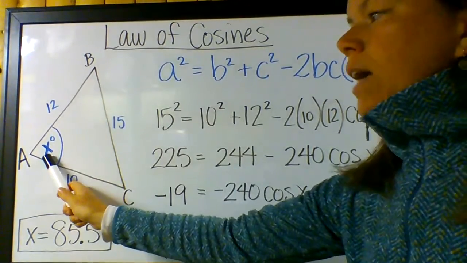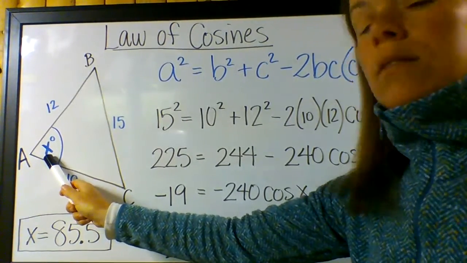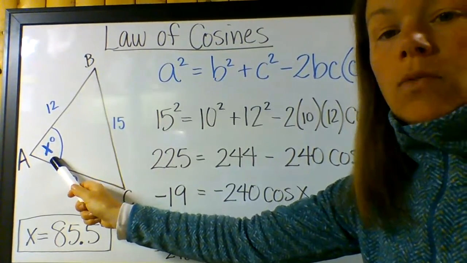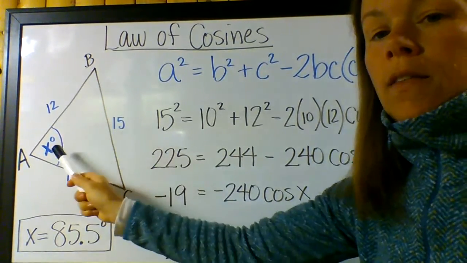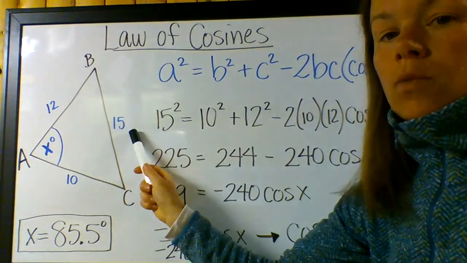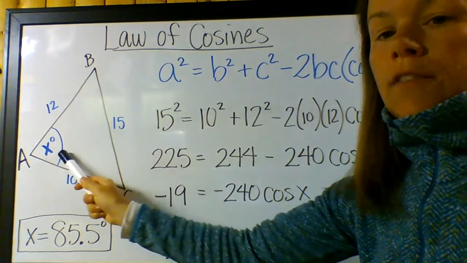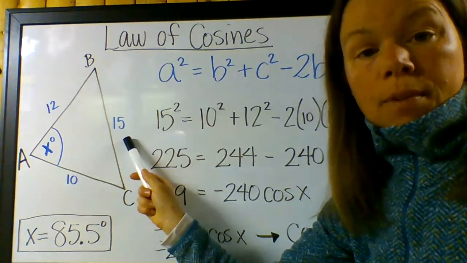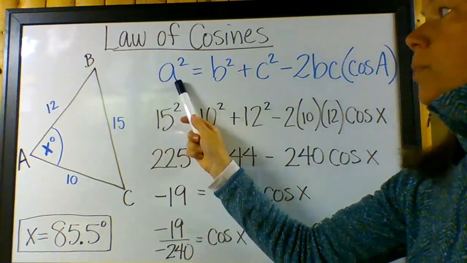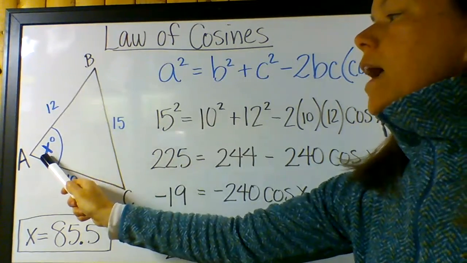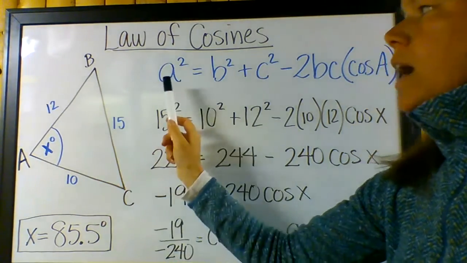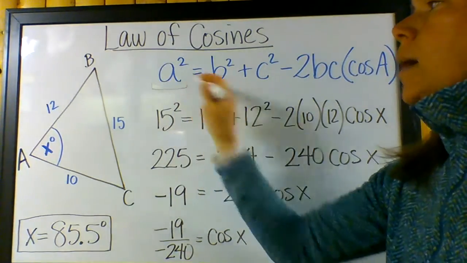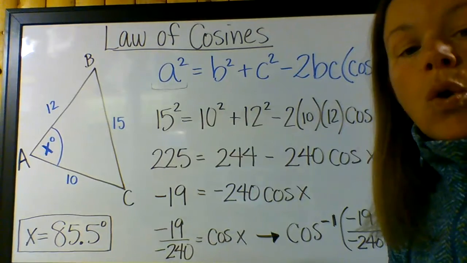If you have an angle given or asked for, it doesn't matter, then we're going to focus on that angle, and that side is where we begin. So if angle A is over here, then side a is opposite it, so I'm going to put that right outside here. I'm going to focus on the angle I'm given and its opposite side, and that's the side I'm going to put right here.